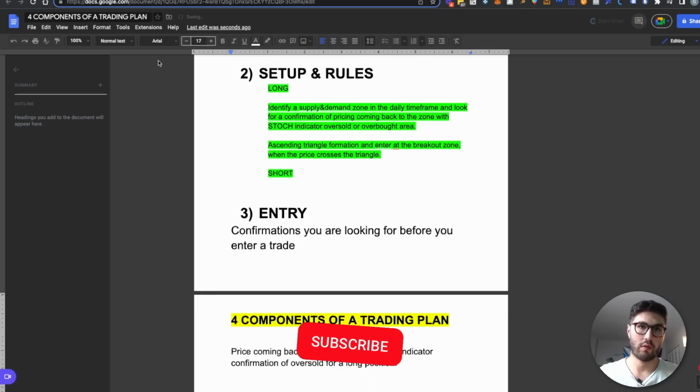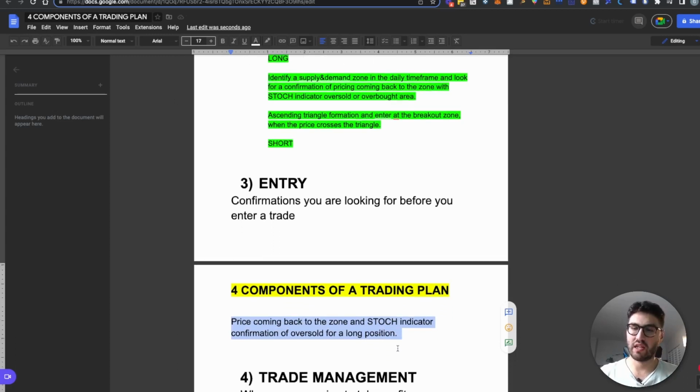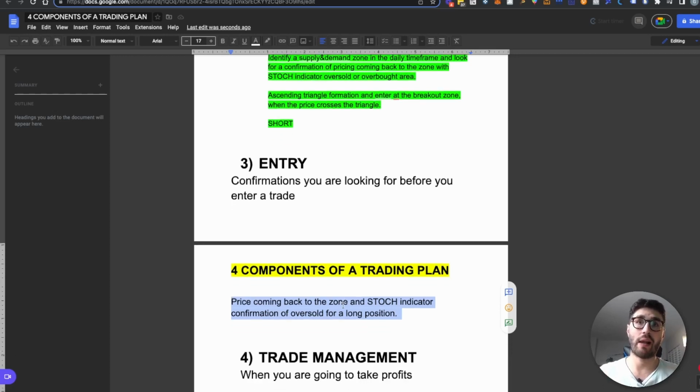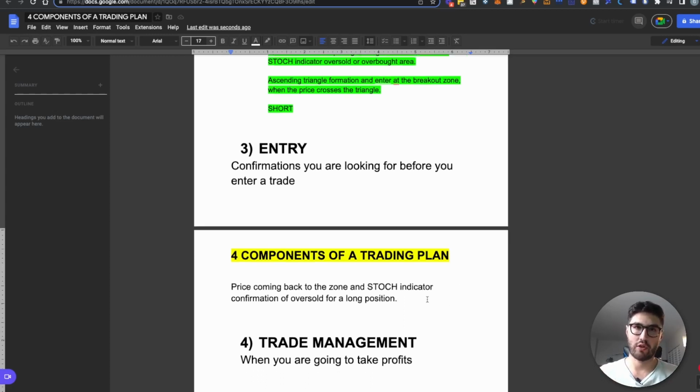Okay, so that's your clue to actually enter the trade. And there's multiple ways to structure your trading plan, but having this clear in your head and also on paper will allow you to stay within those rules and have a completely emotionless approach when it comes to entering the trade and also managing the trade.